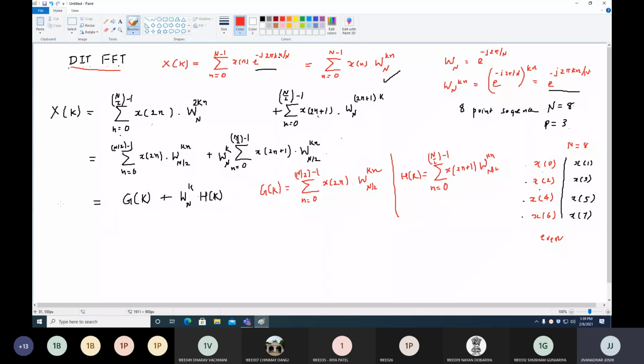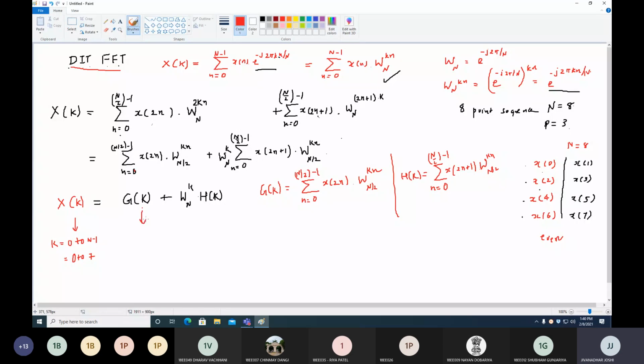So now please note a very important thing: here the range of k is from 0 to N minus 1, that is 0 to 7. But here the range of k, which we are considering similar to n, is half.